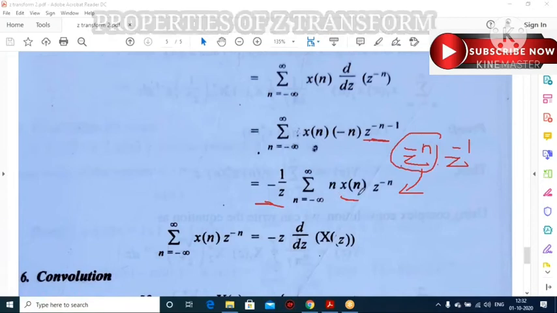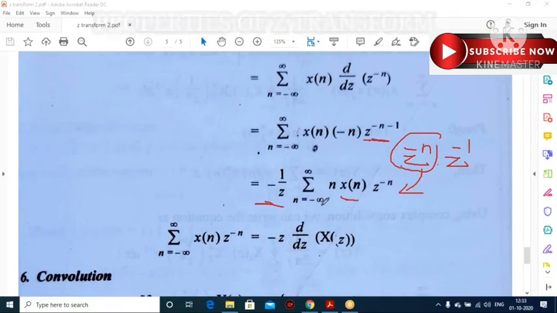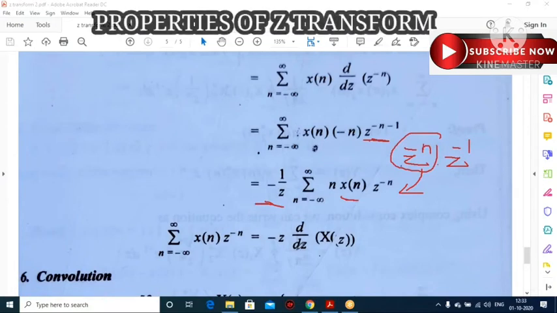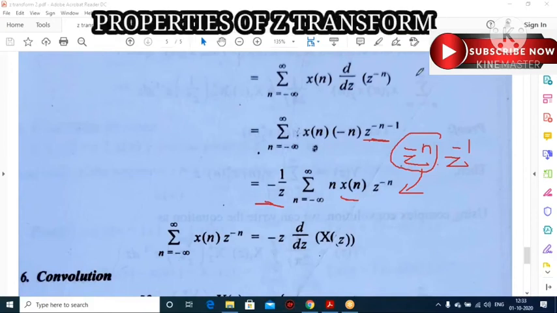Now inside you have n into x of n z power minus n. Now what will happen? This is nothing but your z transform definition, so d by dz of X of z. So this is the way to derive this result. This is the differentiation property.